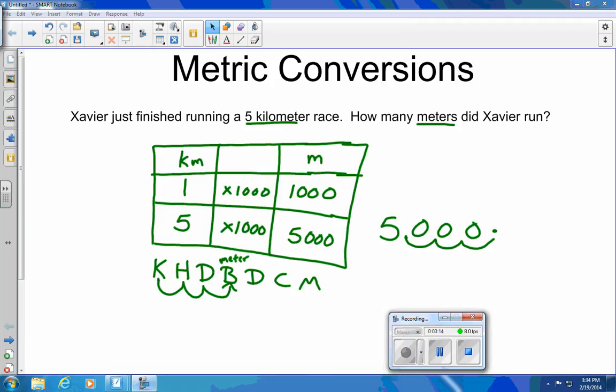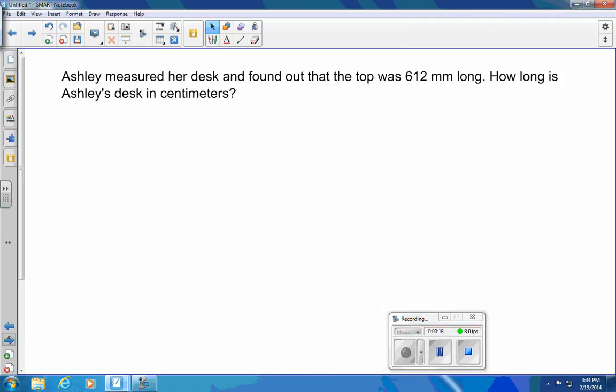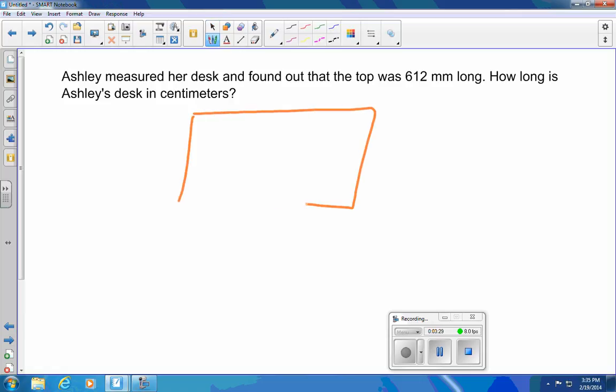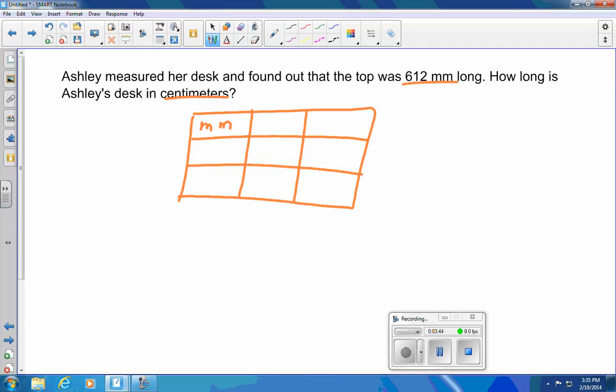All right, so now if I move on out to this problem right here, this one is going to be a problem where we're taking a small unit and changing it to a large unit. So right here, I'll make my chart. Same way as I did on the last one, same way as we did on customary units. And I've got this in millimeters. I'm needing to change it from millimeters to centimeters.